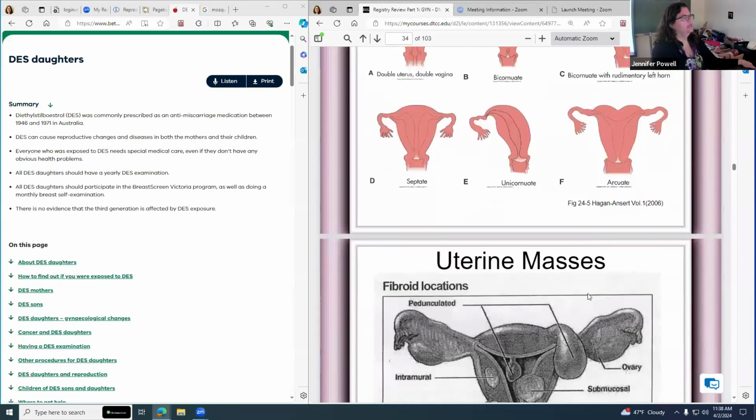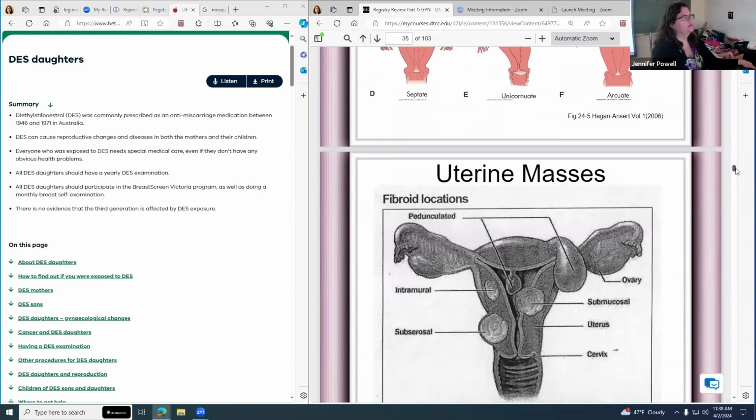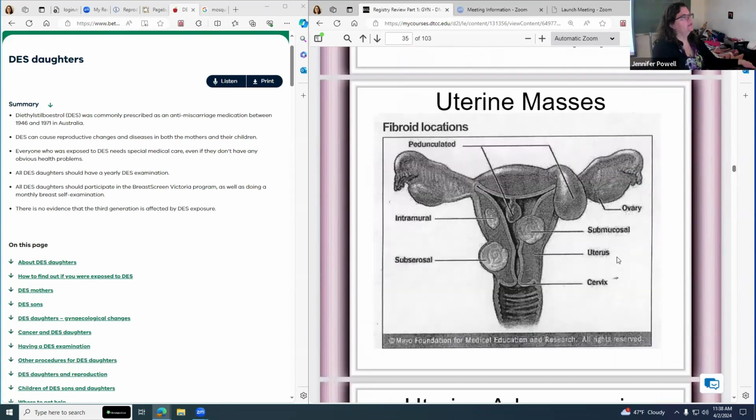All right, uterine masses. The most common by far is going to be fibroids, and the name of the fibroid is described by their location. So reminding you what the layers of the uterus are.